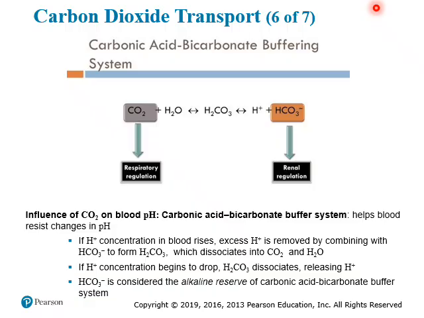It's essential for maintaining blood pH within a narrow range, 7.35 to 7.45. So it's crucial for the proper functioning of enzymes and metabolic processes.